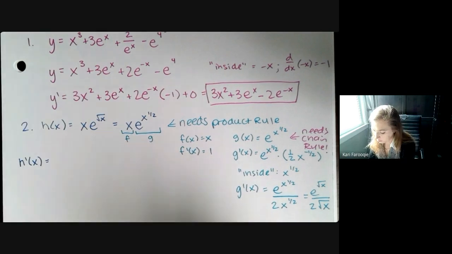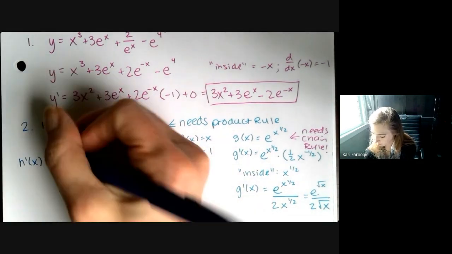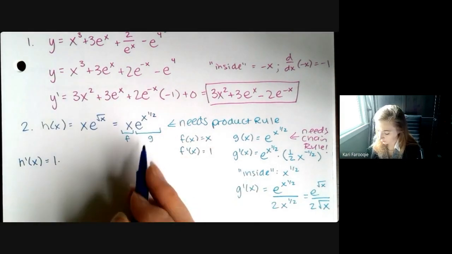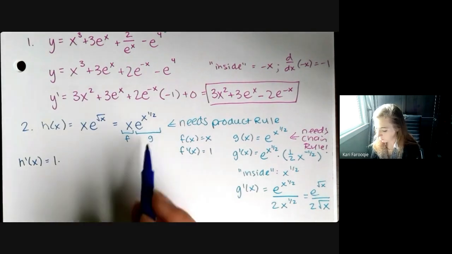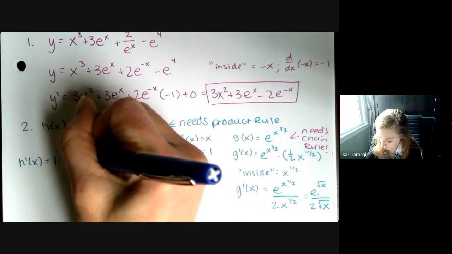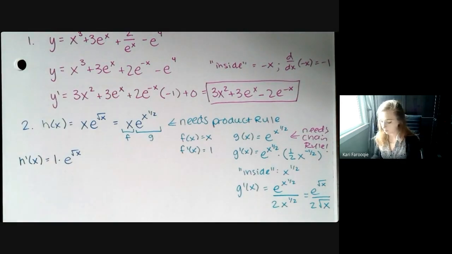So we have here f prime g. So f prime is 1 times g, which is e to the. If you want to just write g as e to the square root of x, that's fine. And I'll just go ahead and label these as I'm going through.